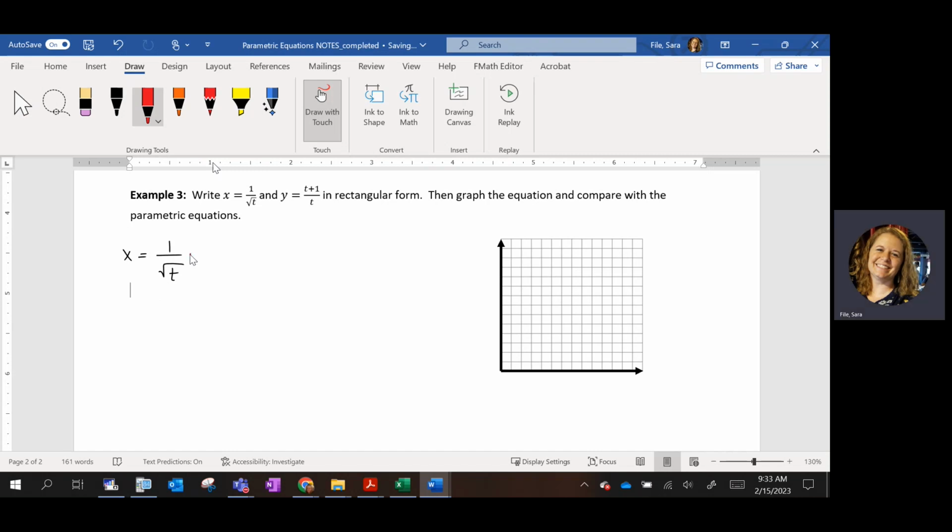So if I just multiply it over to the other side, it's no longer irrational with a radical in the denominator, and my t that I'm solving for is no longer in the denominator. So now I've got this. I still need to solve for t, so how do I get rid of that x? So divide the x over to the other side, which will reduce there.